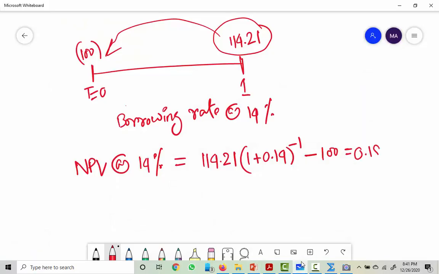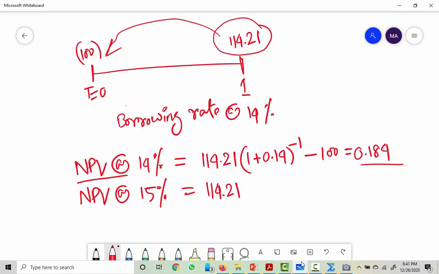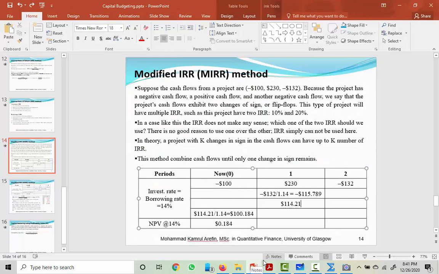So NPV at 14% is positive, 0.184. To get a negative NPV, we can increase the cost of capital or required return from the project. If we use 15%, let's see what we get: (1 plus 0.15) to the power minus 1, minus the initial investment. Let's see what we get.